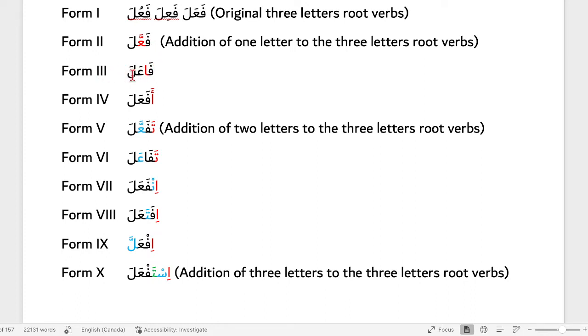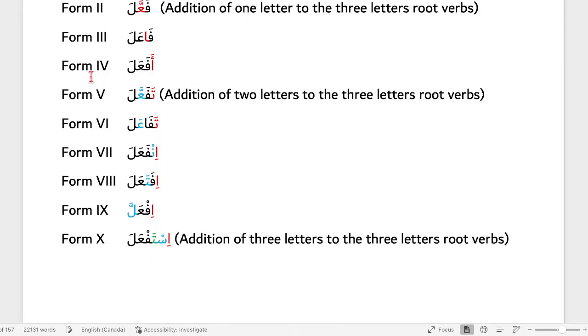Form 3 is faa'ala. Here this alif is added between the three root letters fa, ayn and lam, so alif is added, so it becomes faa'ala. Again in this form only one letter is added. Form 4, again alif is added, hamza is added, so it's going to be af'ala.